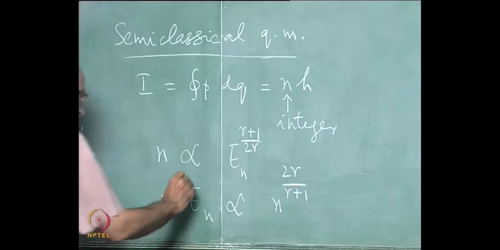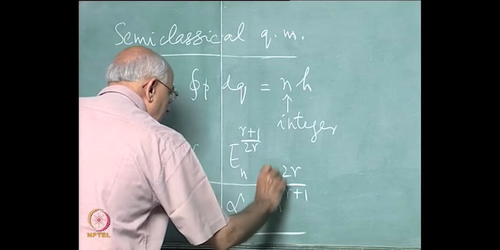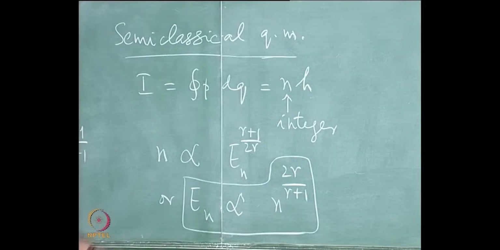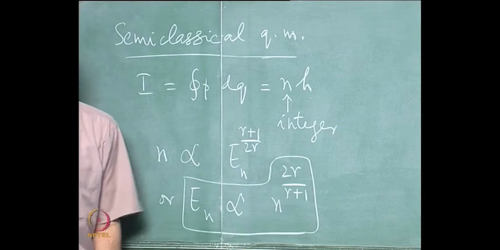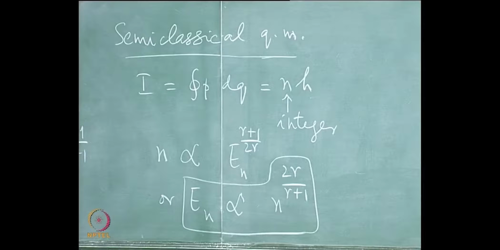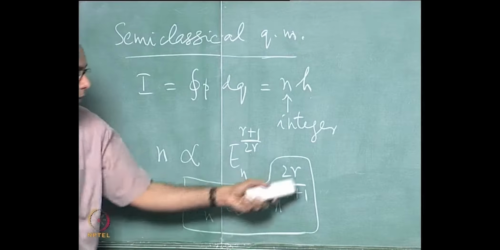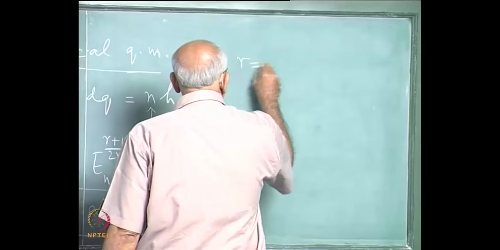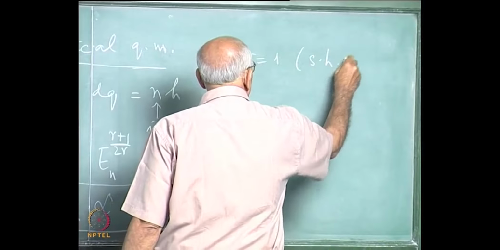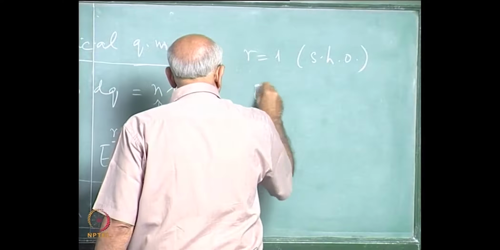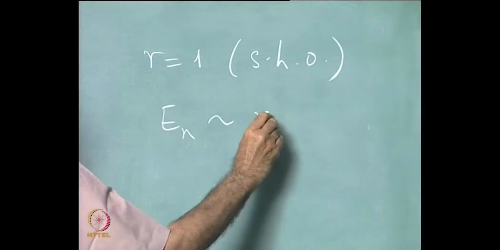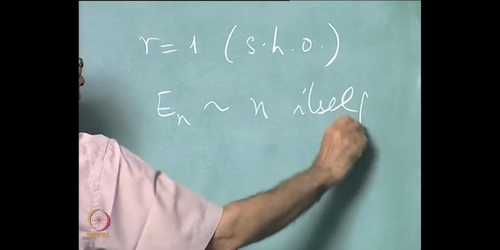So semi-classically we find that the nth energy level is dependent on the quantum number n in this one dimensional problem according to this relation here, valid for n much bigger than unity, which is where the semi-classical rule is valid. And again you notice that when r is equal to 1, which is simple harmonic oscillations, we know that E n is proportional to n itself.